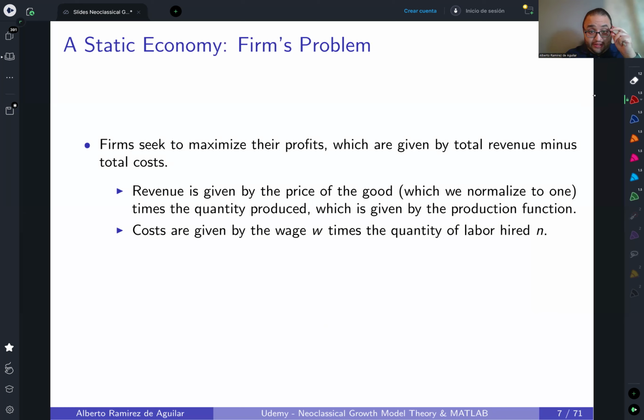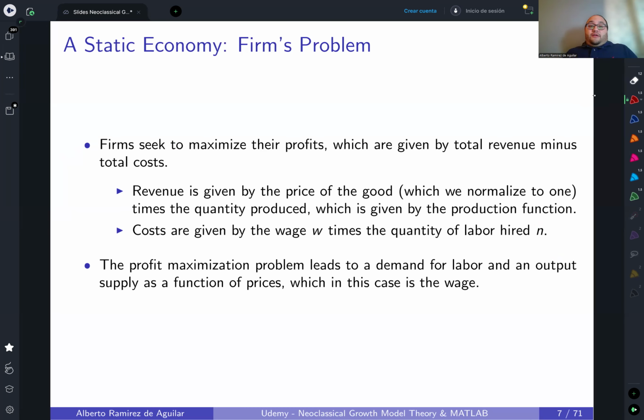So the firms, their cost is going to be given by how much labor they hire multiplied by how costly it is to hire labor. Okay.